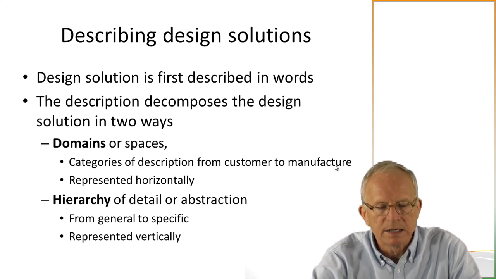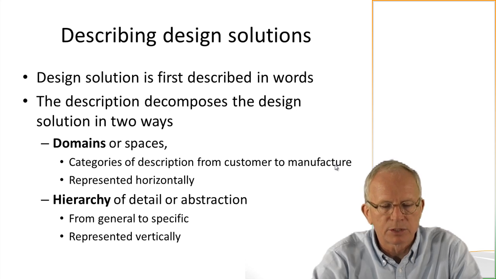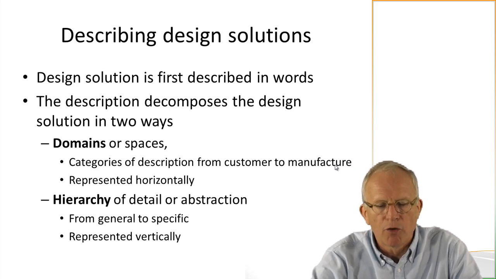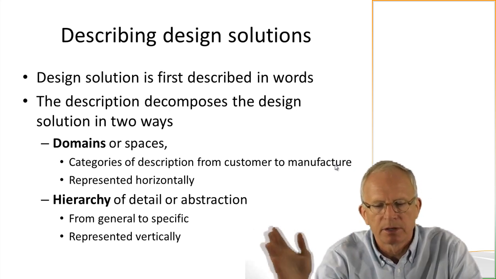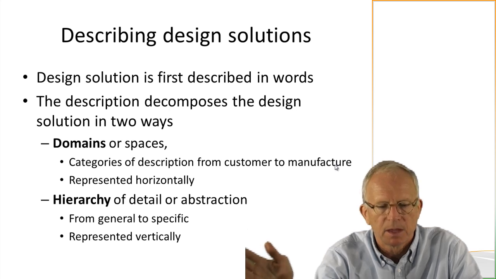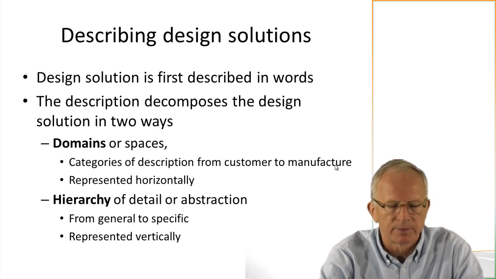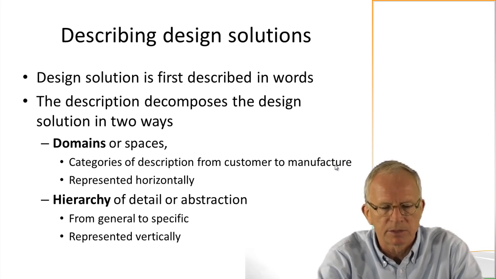One is in the domains or spaces direction, and these are categories of description that go from the customer to the manufacturer. We represent these usually horizontally, so I call it the horizontal decomposition into domains.